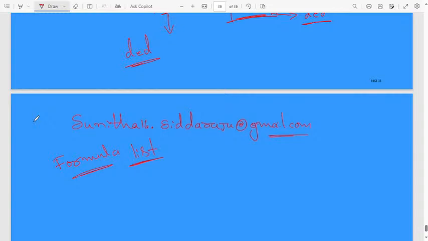Today and tomorrow I am not taking any classes, so at least I can send the formula list PDF notes. You can contact me through this mail. Maybe it will be easy for you for revising. Only the formula list I will send. Once I start HSTR GPSTR, I will make a group and start sending the PDF notes, everything. This time I don't have that much time, but at least I will try to give the formulas PDF.